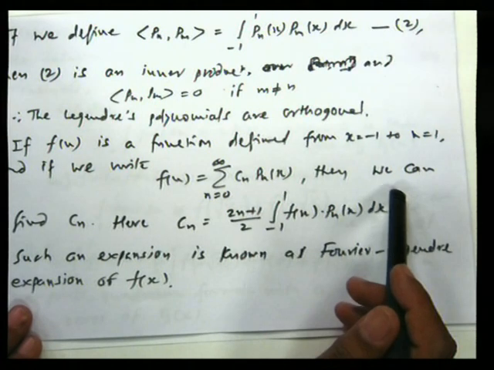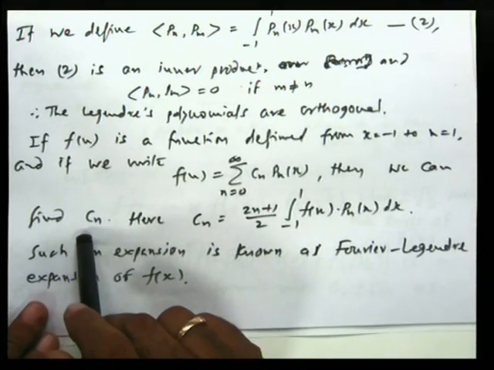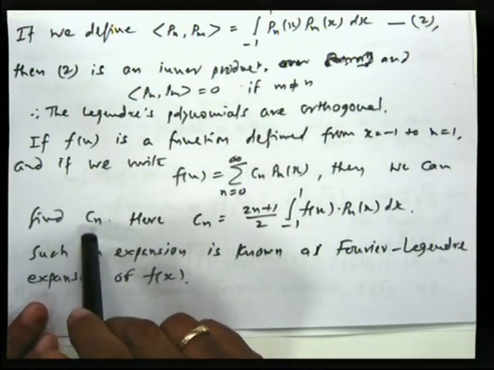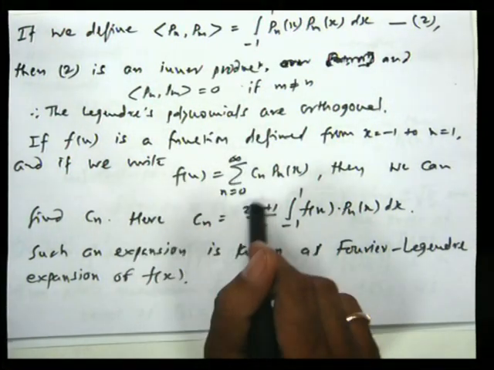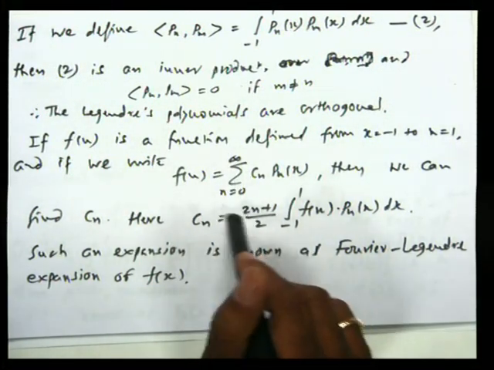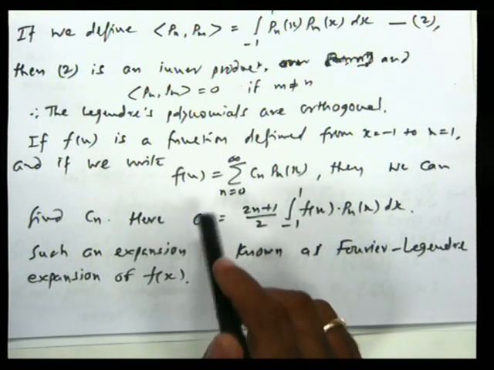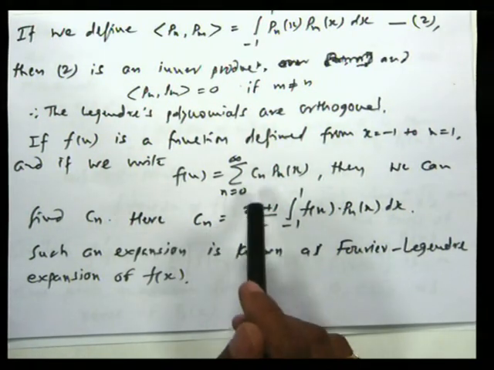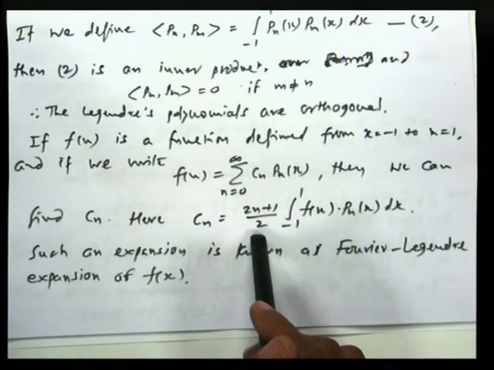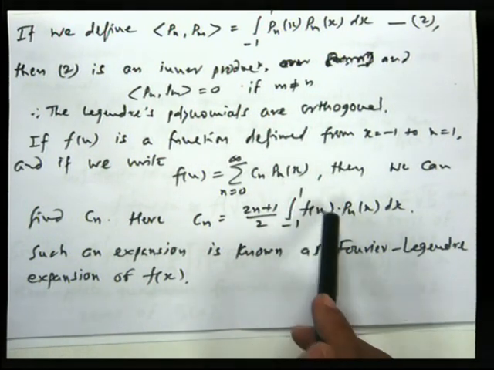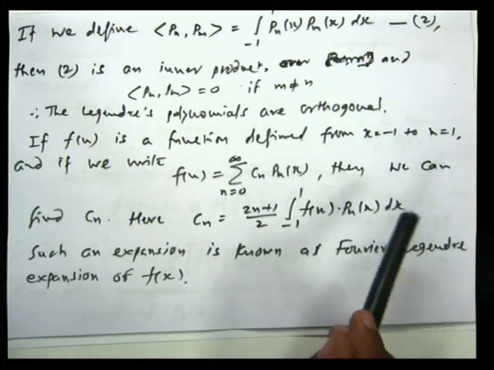Then we can find Cn. Assuming this expression is valid, the value of Cn we get is Cn equal to (2n plus 1) by 2 times the integration from minus 1 to 1 of f(x) Pn(x) dx.